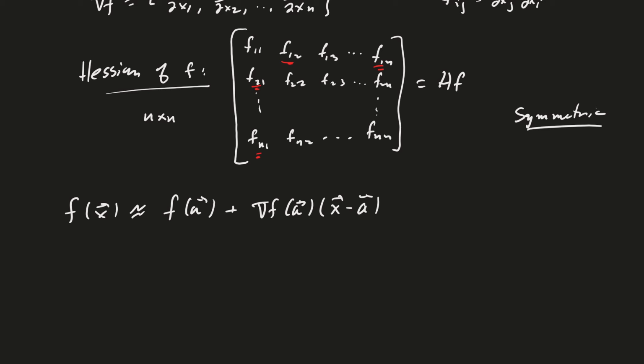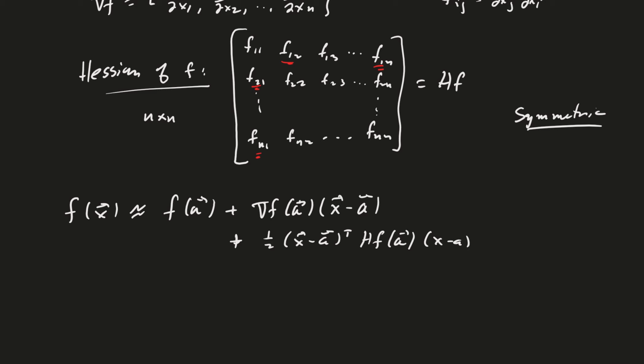Then you can also take on this next term, the quadratic term, and the way you would write it is 1/2 (x minus a) transpose times our Hessian matrix evaluated at the vector a times (x minus a).